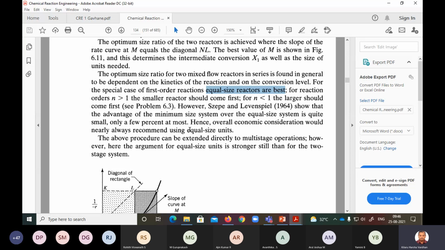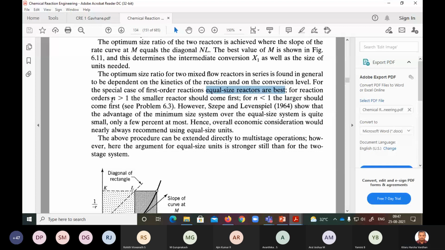It will give you a smaller total volume. Again, how he did it: he did a lot of experiments and then found and told us that for first order reactions, with different combinations of reactors, especially CSTRs, equal size reactors are better.